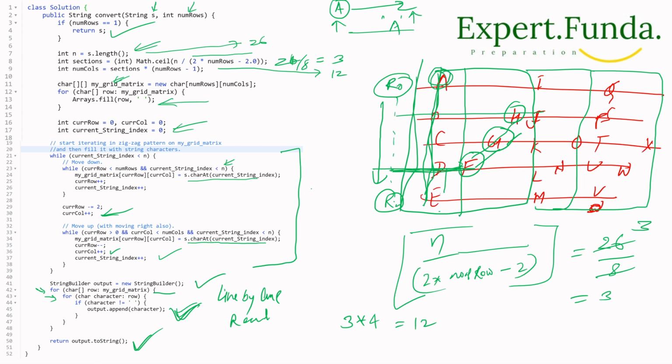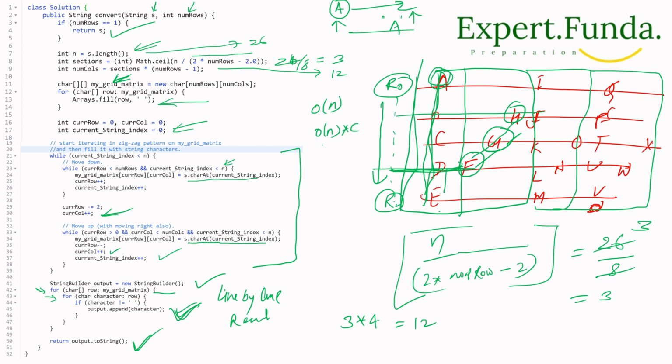So we initialize a two-dimensional grid matrix that we have seen here, and this size should be number of rows into number of columns. For the number of columns we will take O of n, and for each column it will take O of n into number of characters.